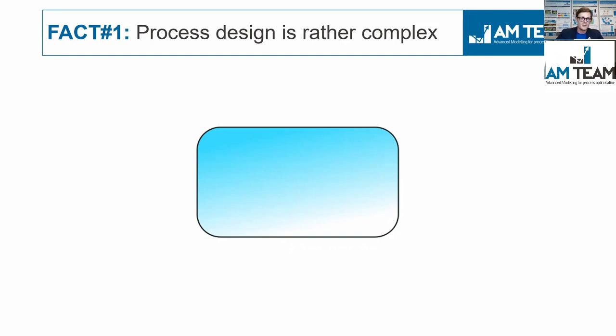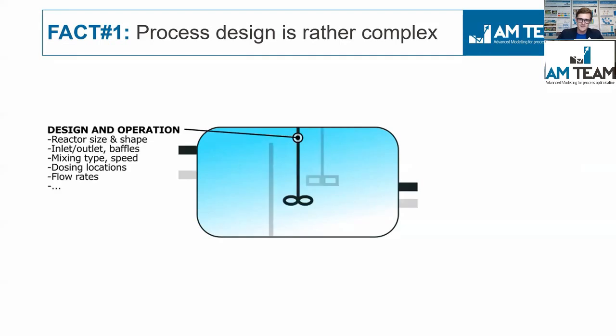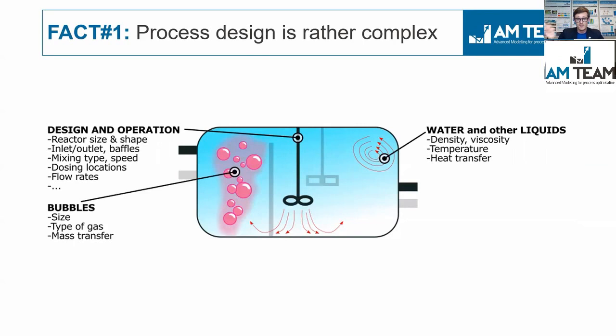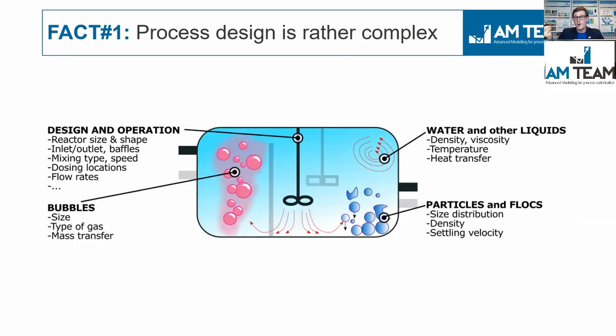Typically in a production environment, like pharma or the bioprocess industry, it is product specs. So you have to design your process. You can choose reactors and impellers, but then you have water or other liquids going on. You have bubbles, so there can be gases involved. And there can also be particles or flocs in your process. It really depends on the application.